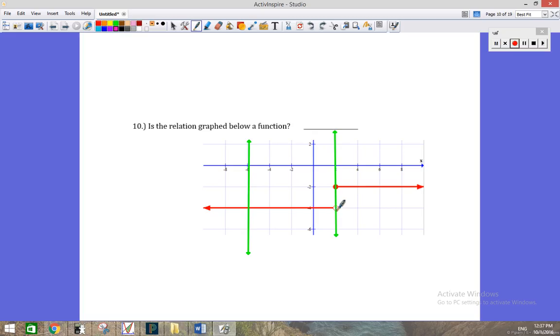When this is a hollow point, that's indicating that point is not on the graph. So this vertical line is intersecting the graph only once. This is a function. Had it been a solid point down here and a solid point up here, then it would have been a no. But as it is, yes, this is a function.